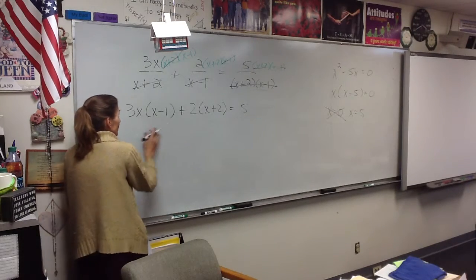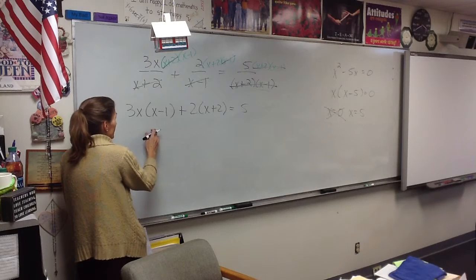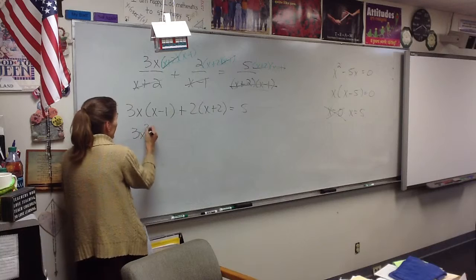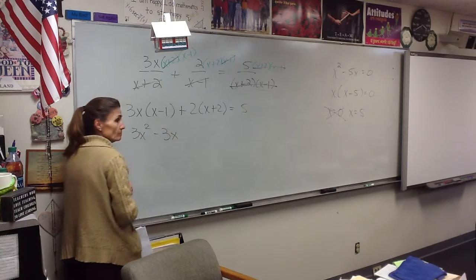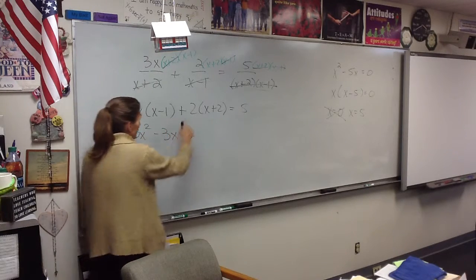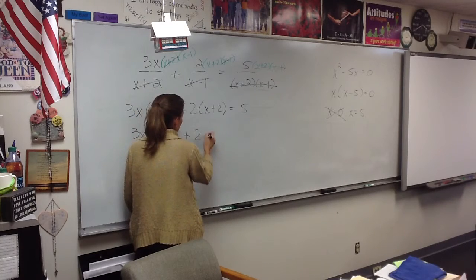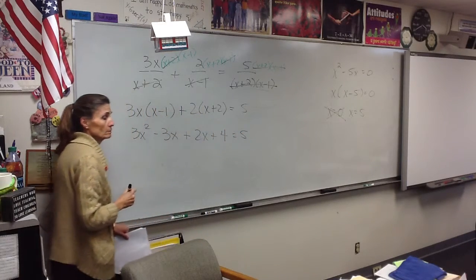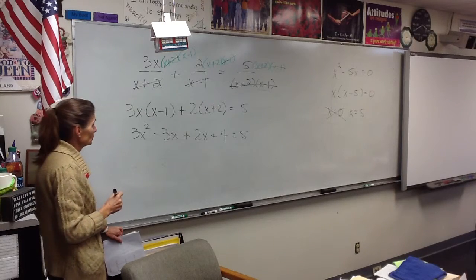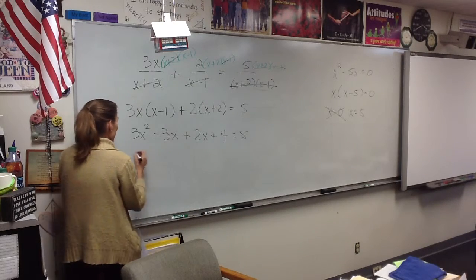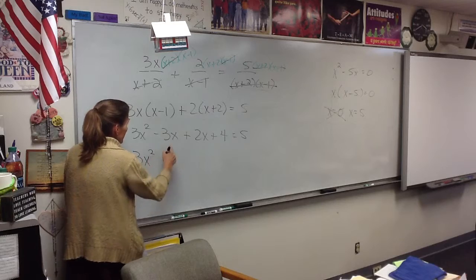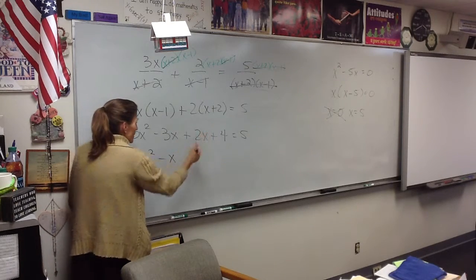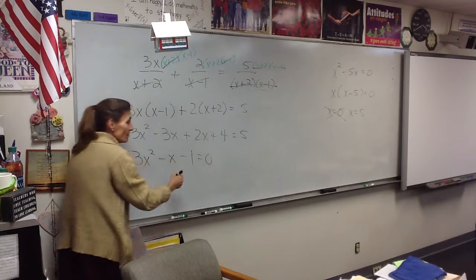So what do I do here? It's really just a distribute. Yeah. So 3x squared minus 3x plus 2x plus 4. Cleaning it up a little bit, I got 3x squared minus x minus 1 if I bring the 5 over.